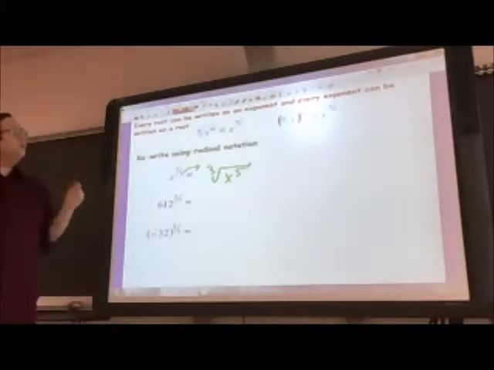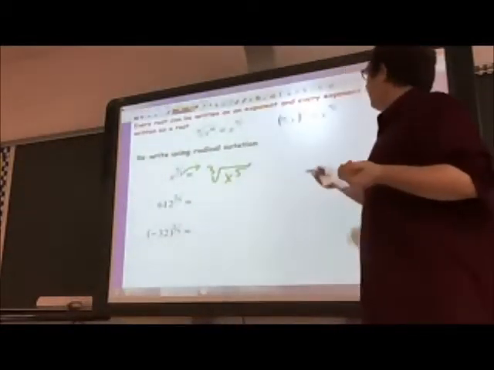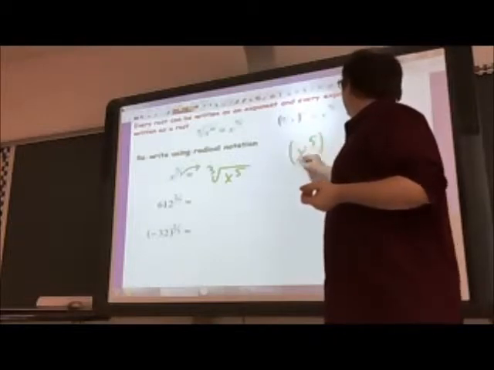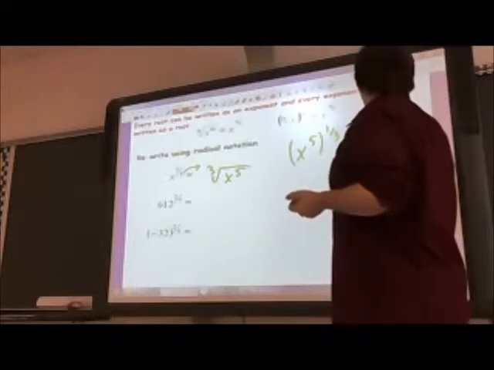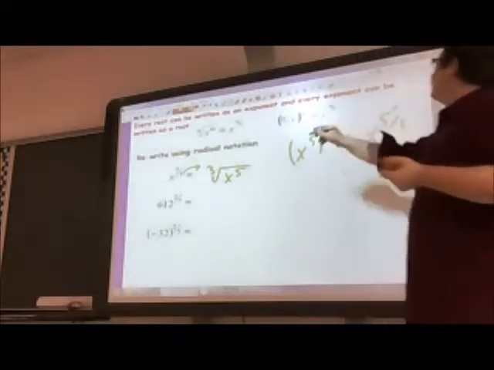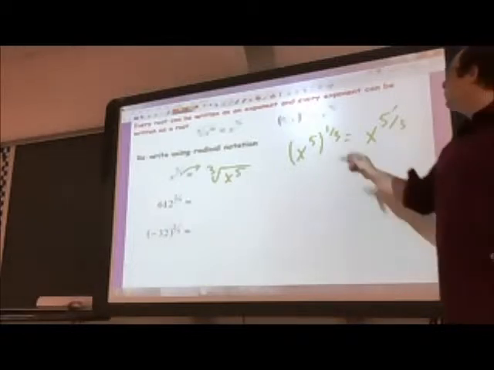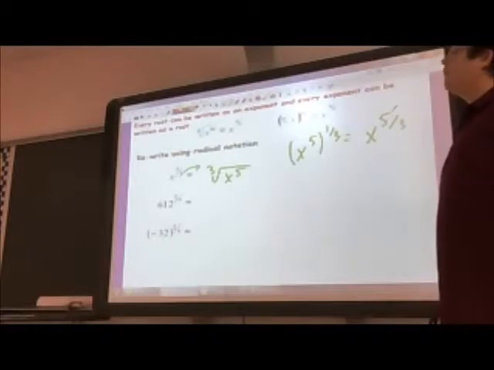This is the sort of thing you can do with these. If you remember your laws of exponents, you know that x to the 5th to the 1/3 power is equal to x to the 5/3 power, because we multiply those exponents together. Well, that's pretty much what we're doing. We're taking that x to the 5th and putting it inside a cube root. It's exactly what we're doing.